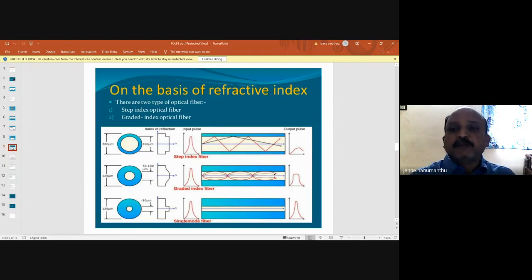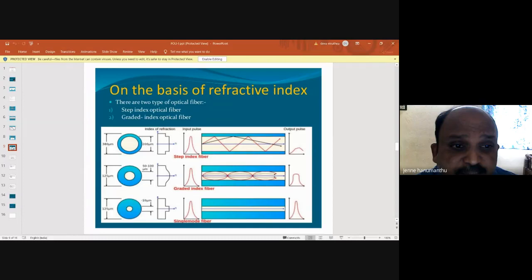How do you identify? If it is step index, the refractive index of the core is constant throughout the surface. That is the meaning of step index.